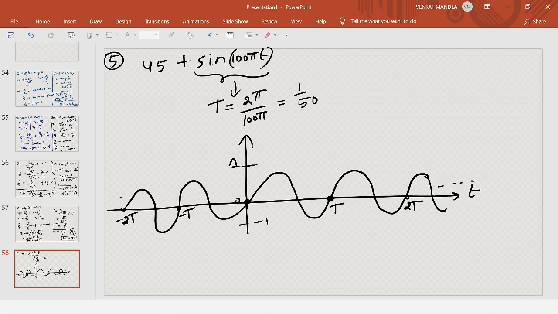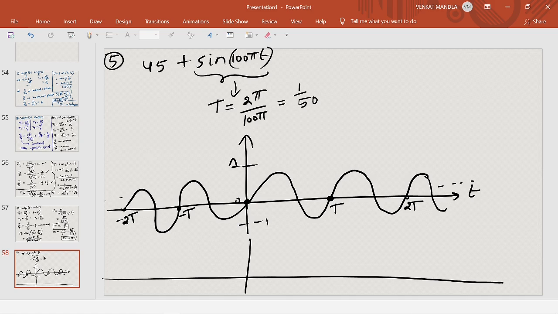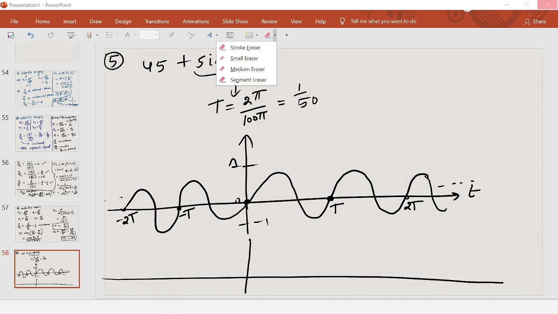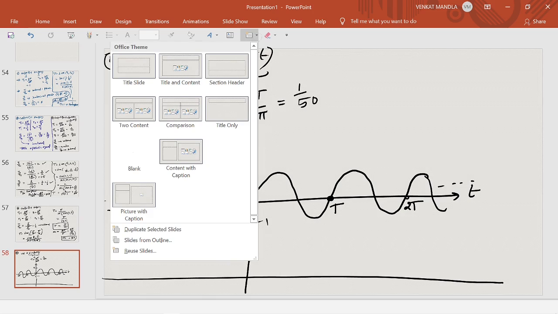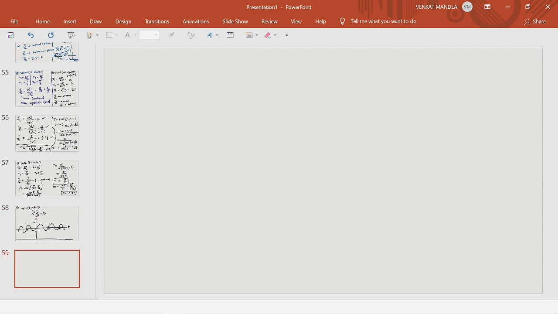Now, what happens if we add 45 to this signal? We'll draw this in the next slide.